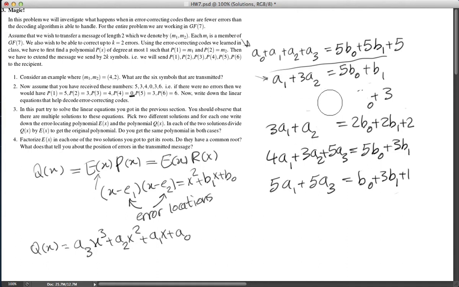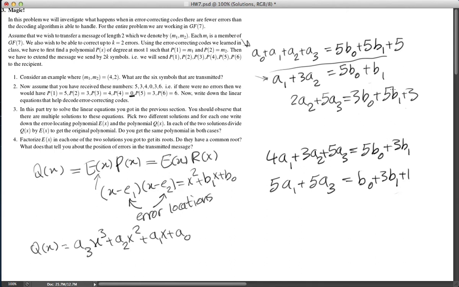So if we subtract 2 times the second equation from the third equation, what we're going to end up with is 2 times a2 plus 5 times a3 is equal to 3 times b0 plus 5 times b1 plus 3.